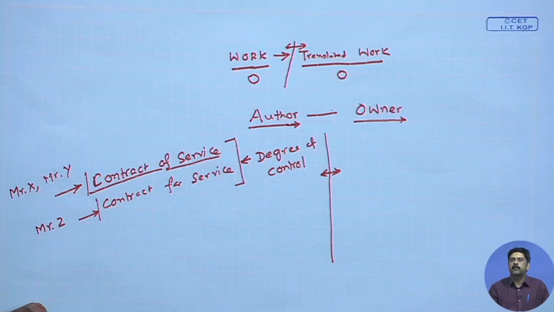Let us say Mr. X and Y are in permanent roles, so they are supposed to provide material to the newspaper or publishing organization as their boss, that is, as the employer suggests. And Mr. Z is a freelance news reporter. He is providing, let us say, a report with reference to a cricket match, and he is freelance.